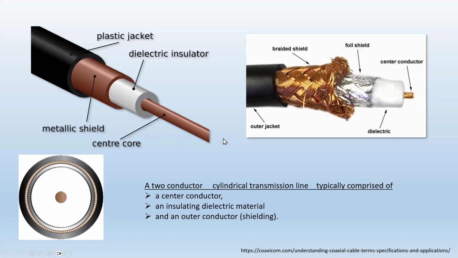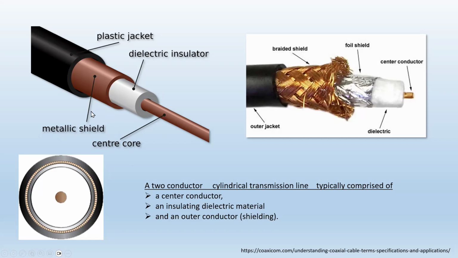Now, the construction of a coaxial cable: we have the center core, or sometimes we call it the inner core. And then we have the metallic shield that also serves as another conductor. So it's two conductors.